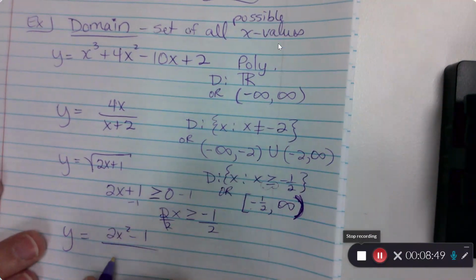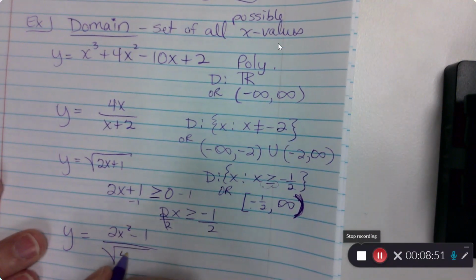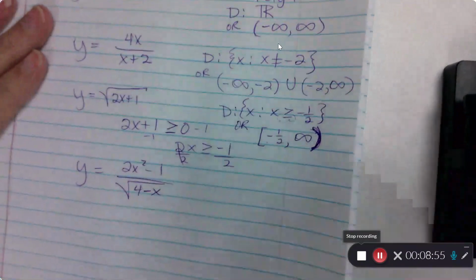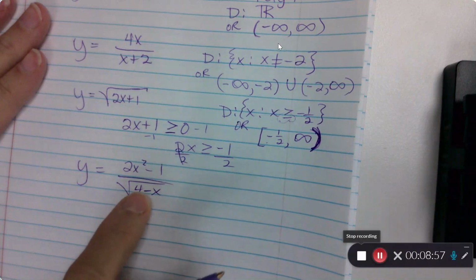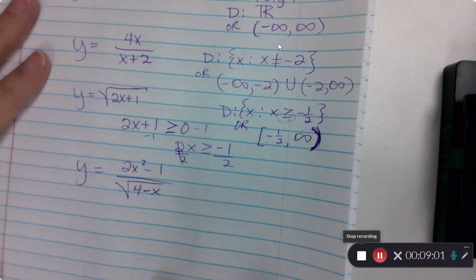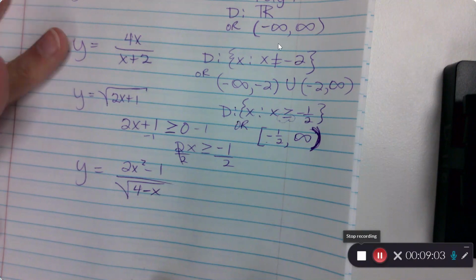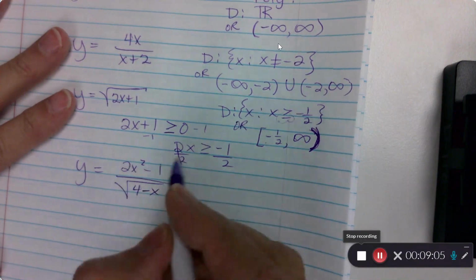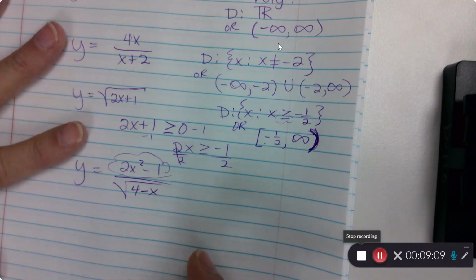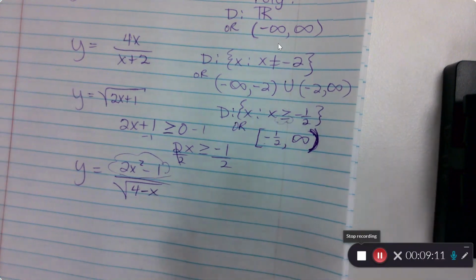All right. Now I'm throwing in a polynomial piece and a radical piece, right? This one, can the top of this be anything? Can the x's be anything? Yeah, it's just a polynomial.